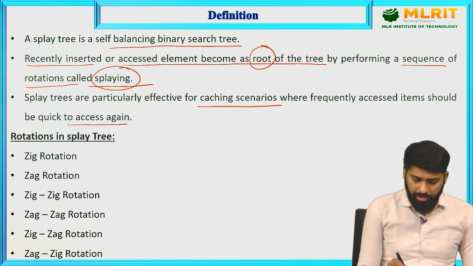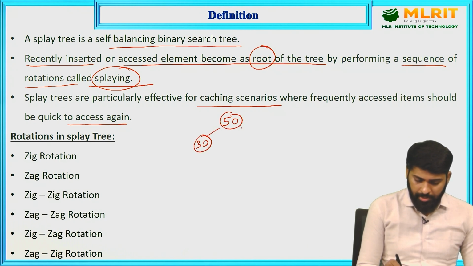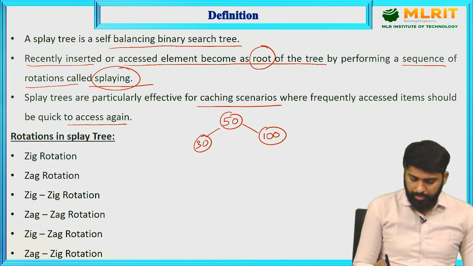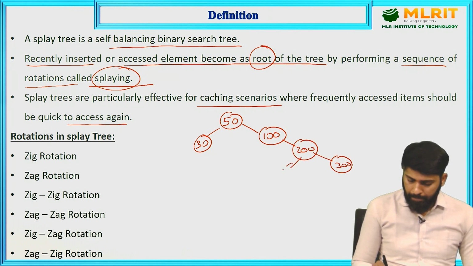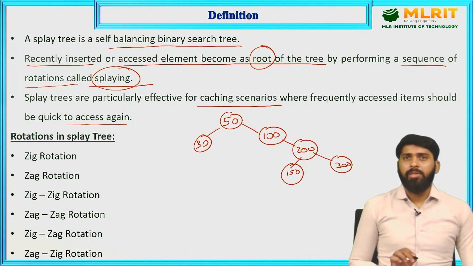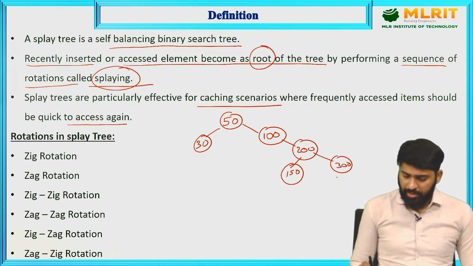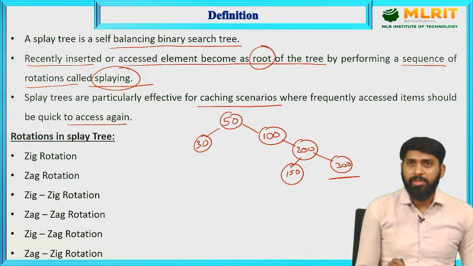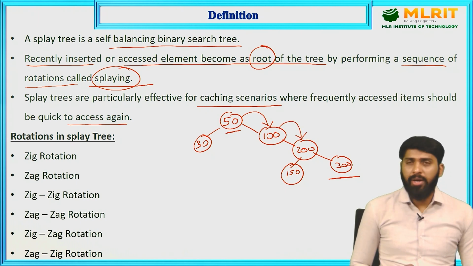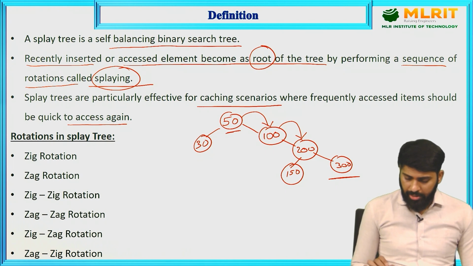So for example, this is the tree. Now I want to access 300. 300 is greater than 50, so traverse to the right side, and again 300 is greater than 100, so traverse to the right side. Now 300 is greater than 200, so traverse to the right side.